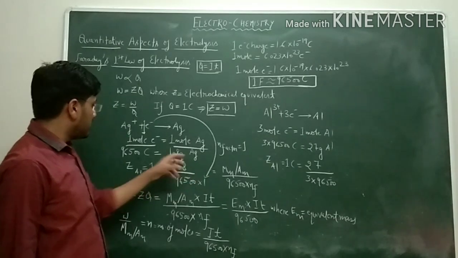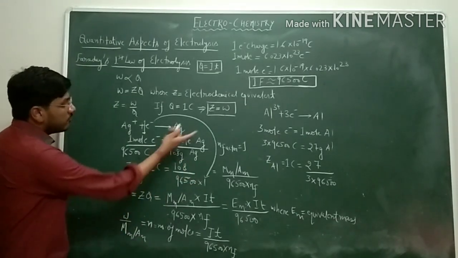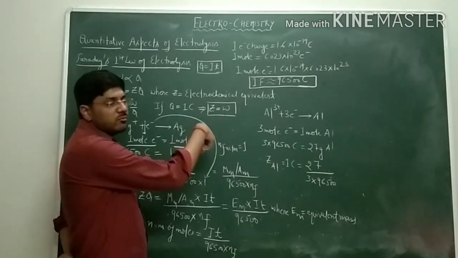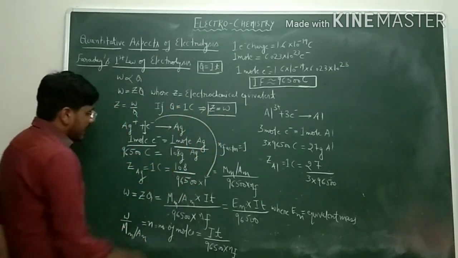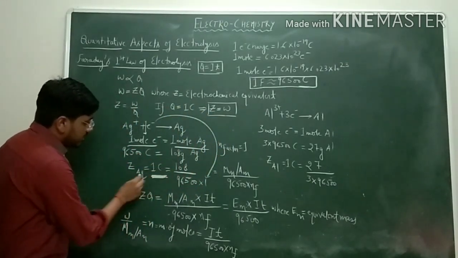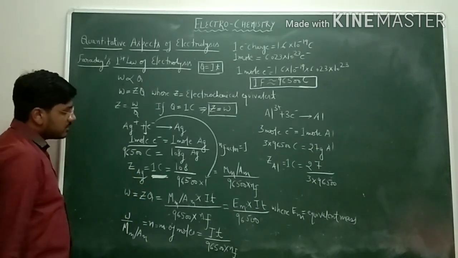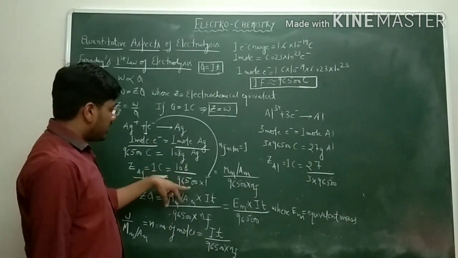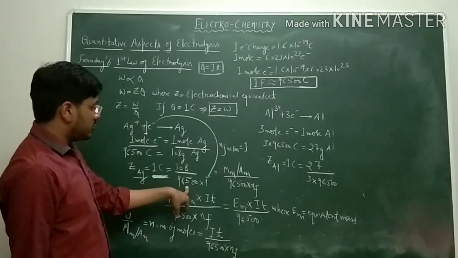We have to find Z, the amount for 1 coulomb of electricity. So Z for silver is 108 divided by 96500.